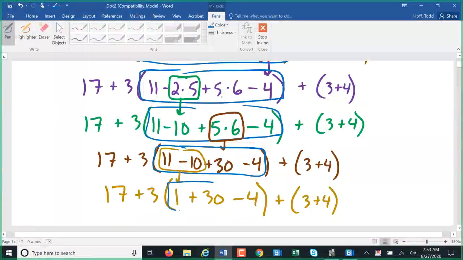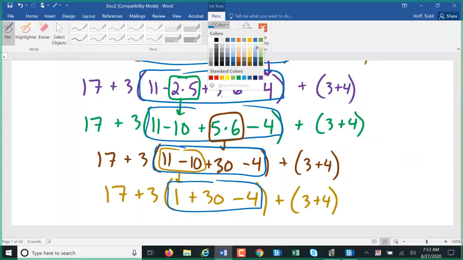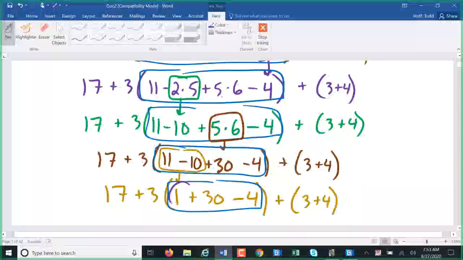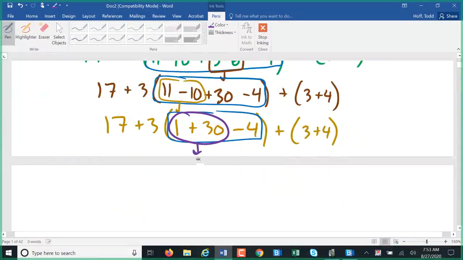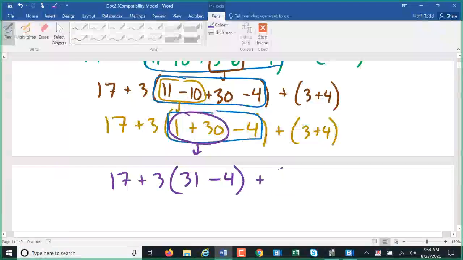Still inside the parentheses, we have 1 plus 30 gives us 31. And finally, last thing we have is the 31 minus 4, which is 27.